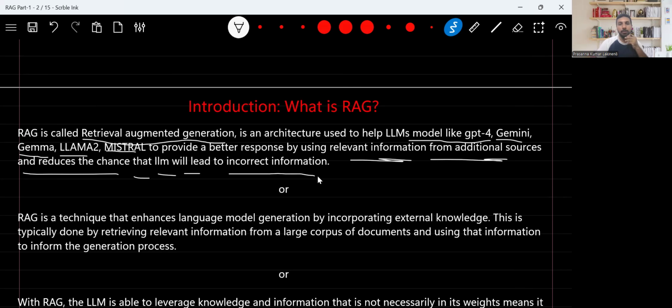You may think, why will an LLM give wrong information? LLMs have vast knowledge. They are trained on heavy data, with billions of parameters and almost all the data in the world. Then why is there a chance of wrong information from the LLM?